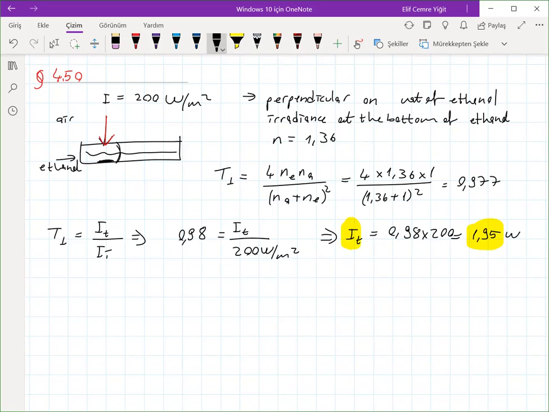Of course, this is watt per meter square. Okay, so I rounded the numbers up. This was 0.977 but I wrote 0.98, so this will probably be something like this. Anyway, just be careful when you're rounding up, but the important thing is you need to know this and this.